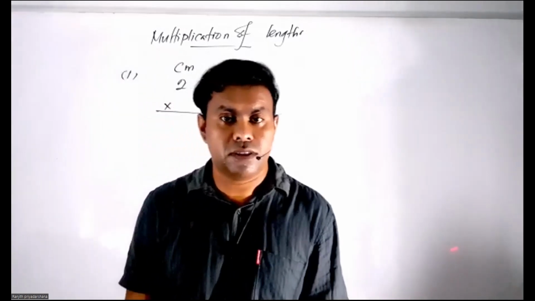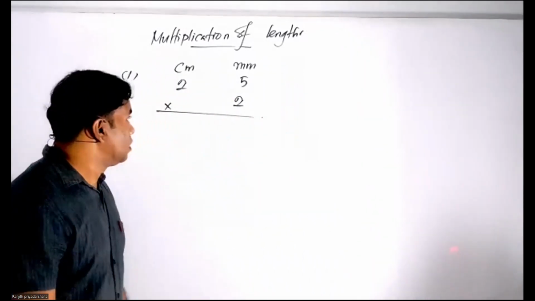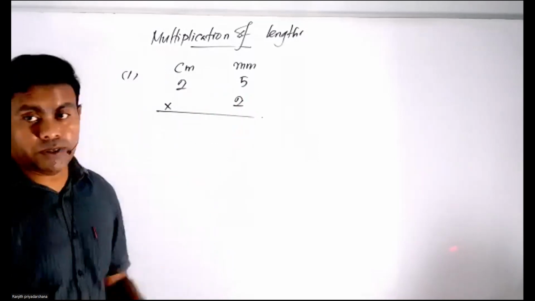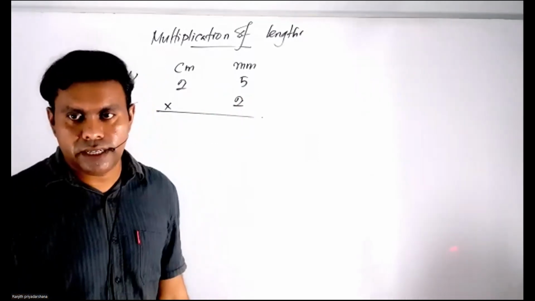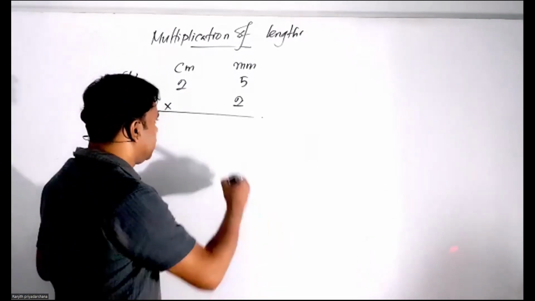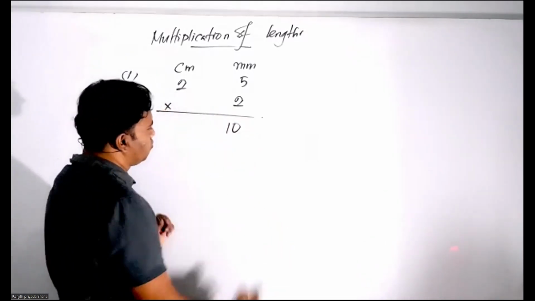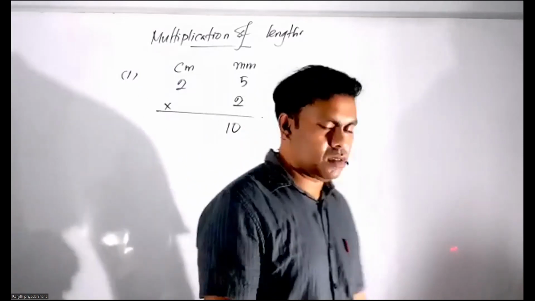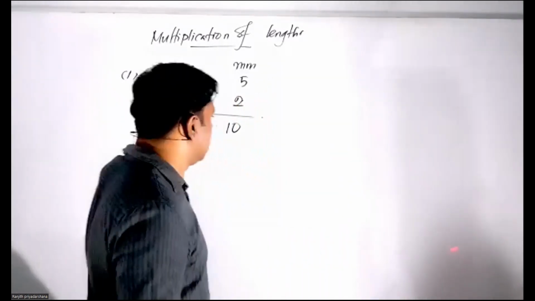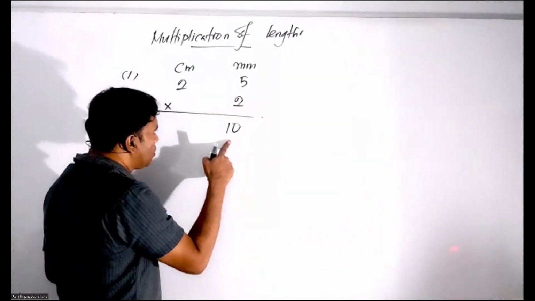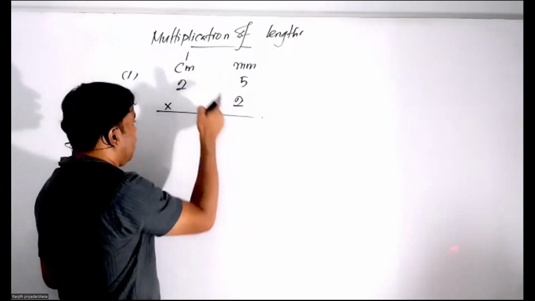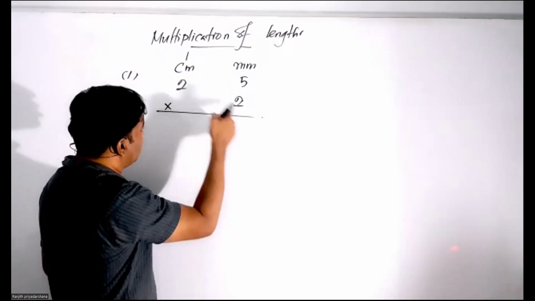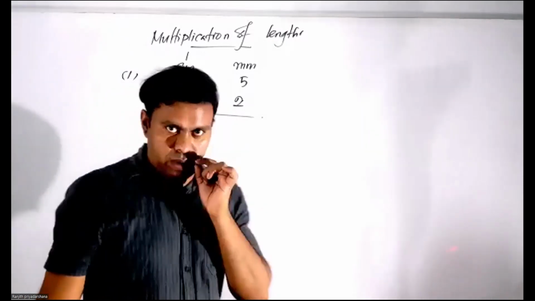5 millimeters and 2 times 5. Tell me, 2 times 5 is 10, right? That's 10. Can you put 10 here? No, no, because 10 millimeters equals 1 centimeter. Get that here. We don't add 3 and multiply by 2 like that.